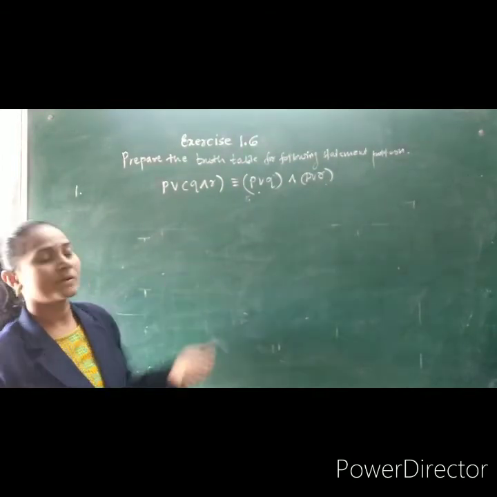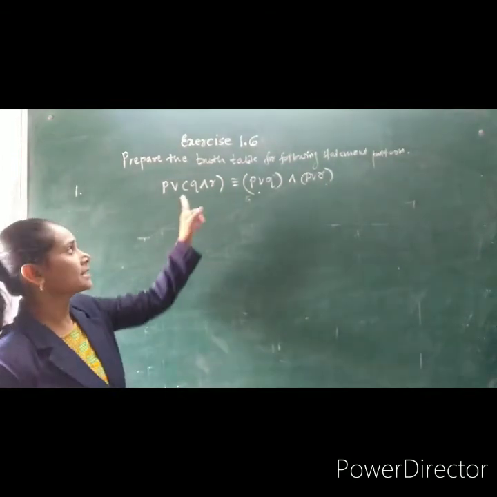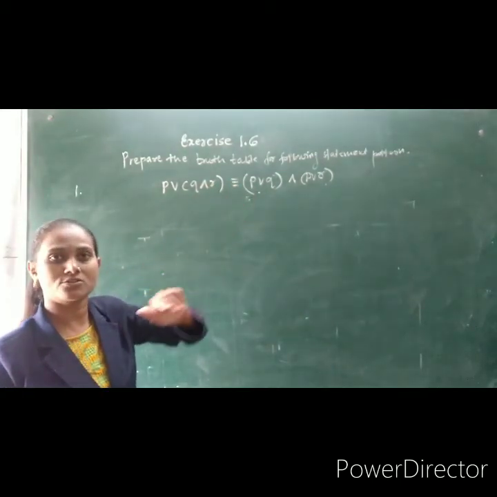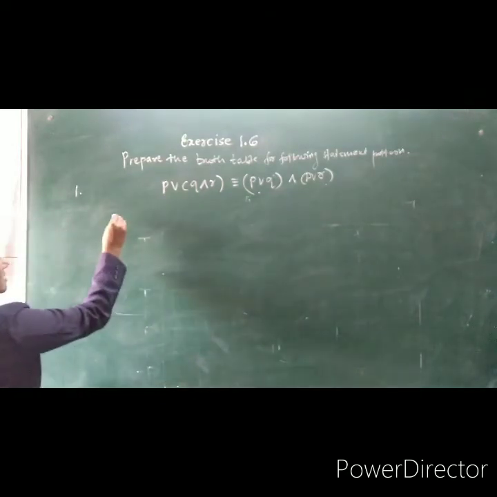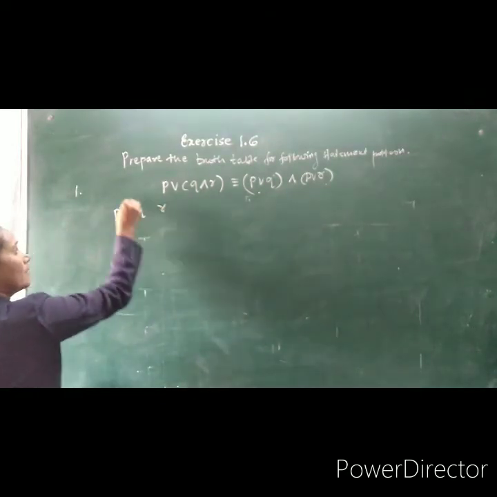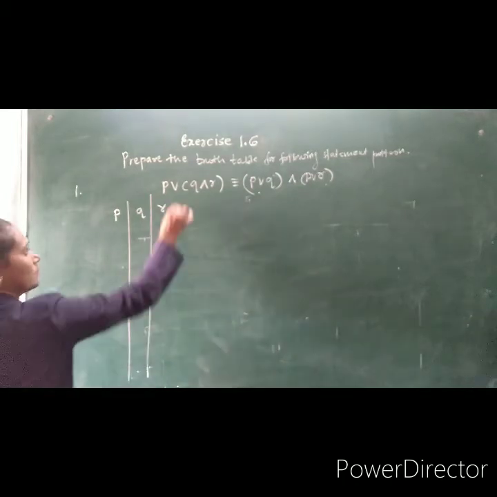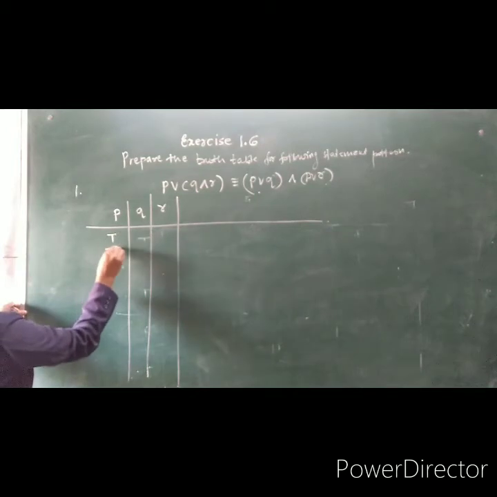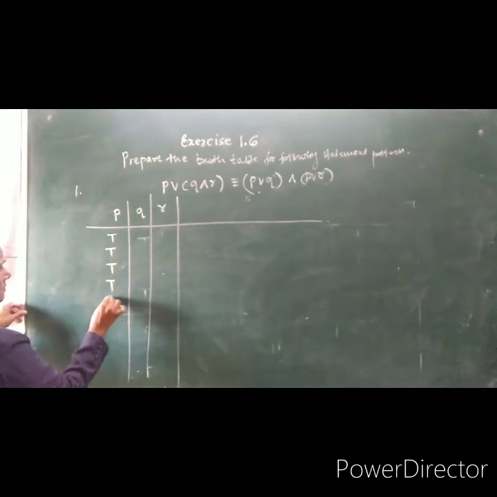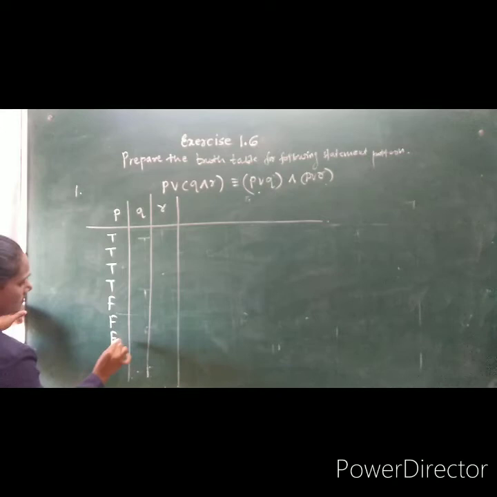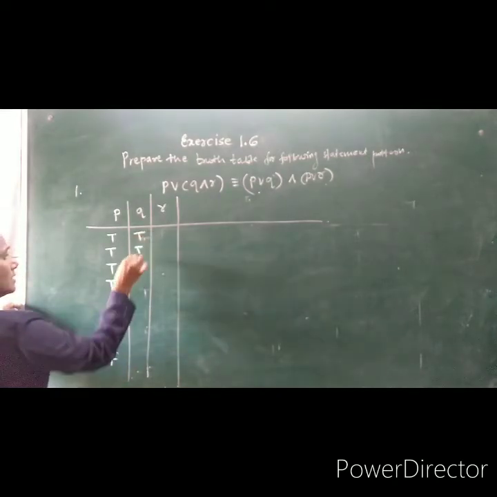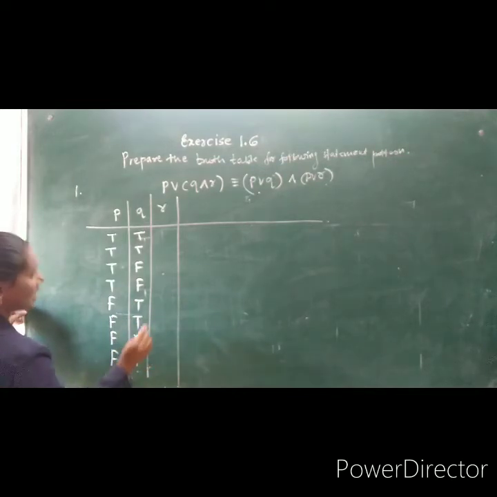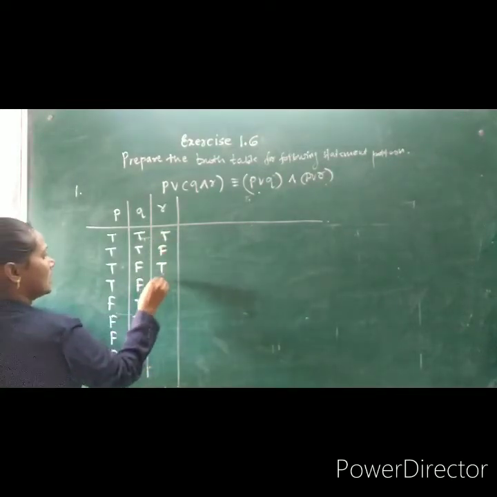We know that two statements are said to be equivalent if last entries in these two columns are equal, then these two statements are said to be logically equivalent. So check this. TT, FF, TT, FF, TF, TF.